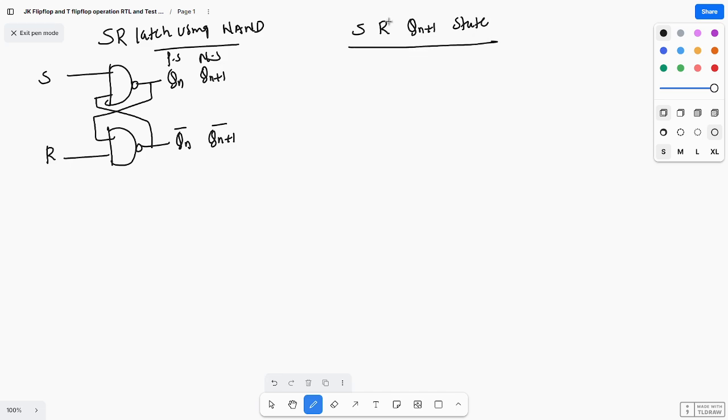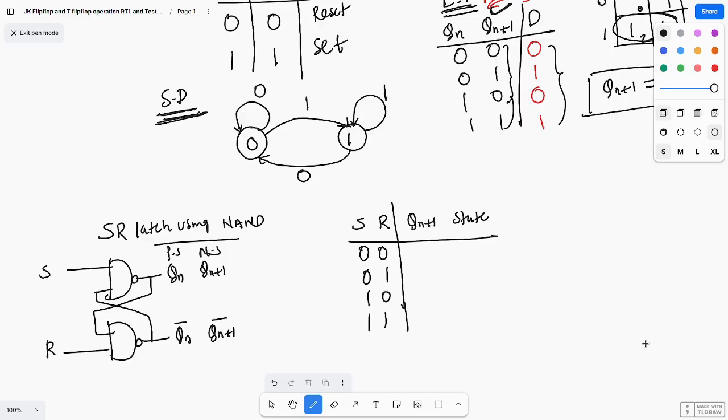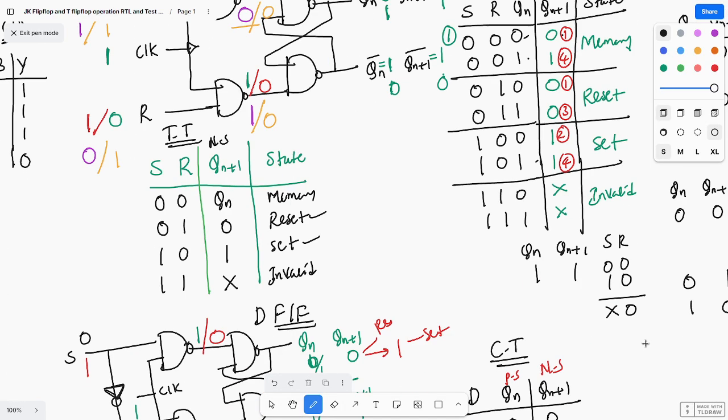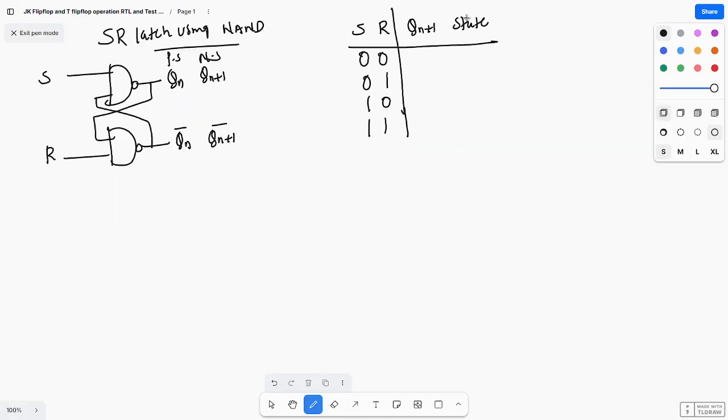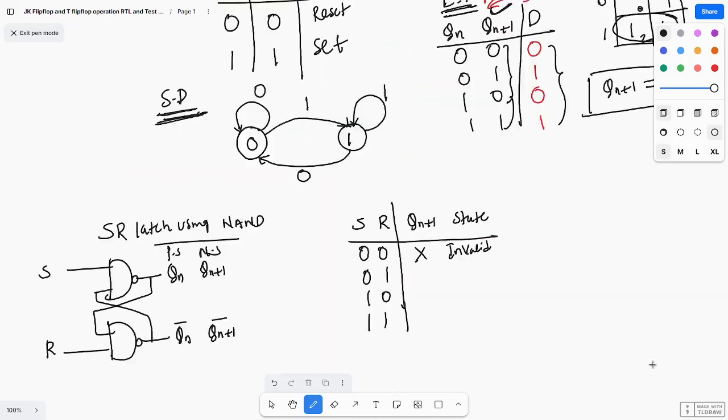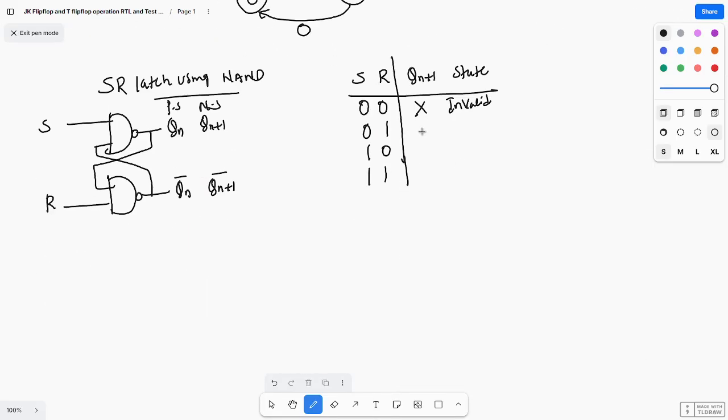The combinations are 0 0, 0 1, 1 0, 1 1. 0 0 is the invalid state. 0 1 means set state, 1 0 is reset state, and 1 1 is the memory state. I am going to use this in the JK flip-flop also.